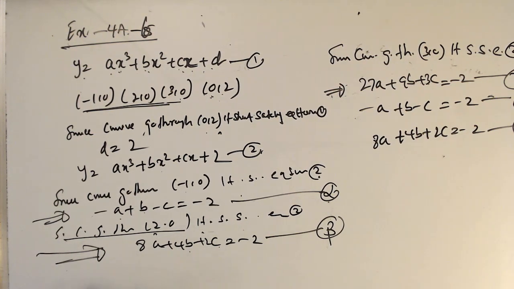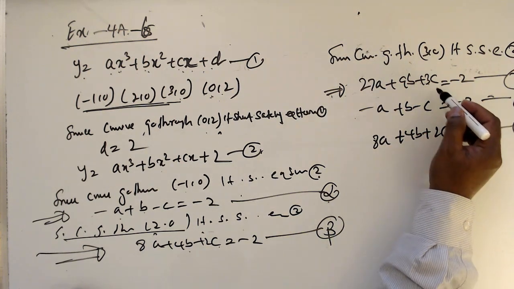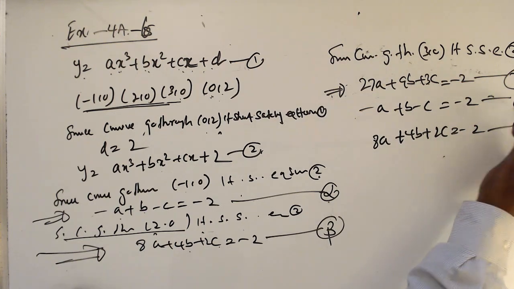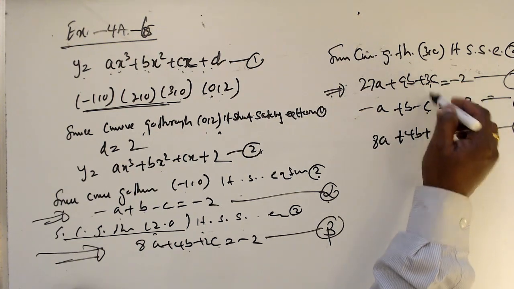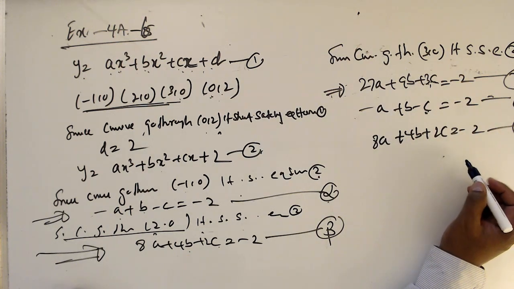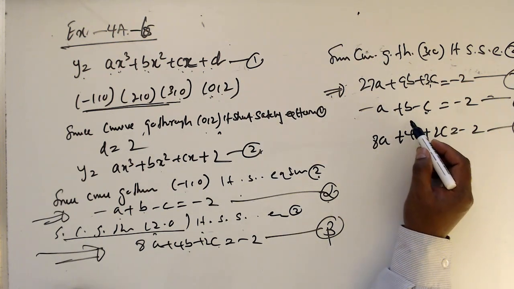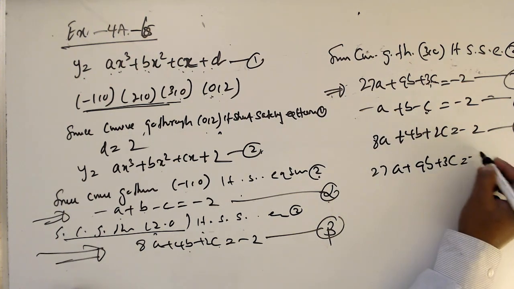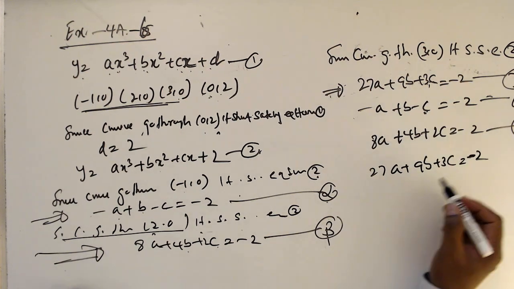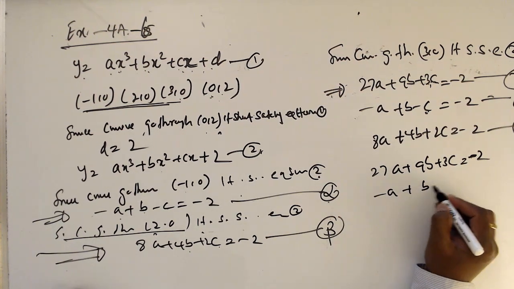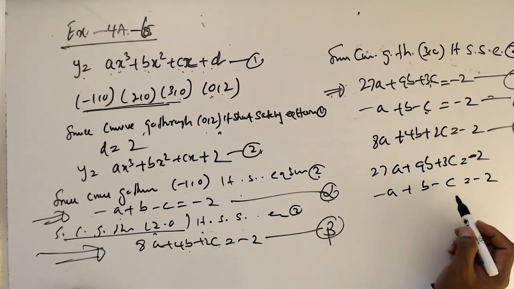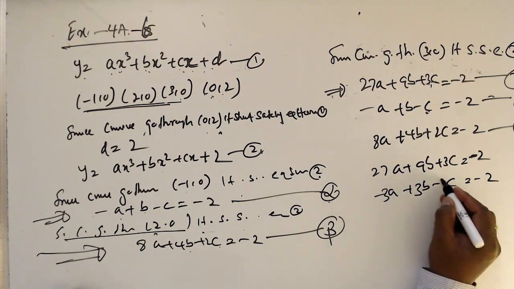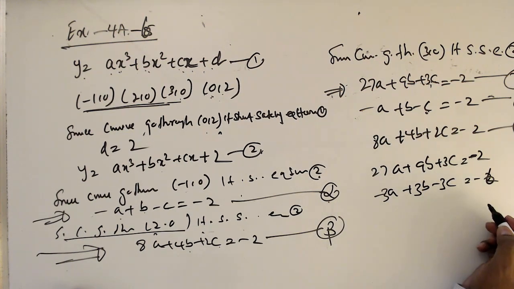So I'm not going to solve this one, I'll give guidance. From alpha and gamma, you can simply eliminate C. Okay, 27A plus 9B plus 3C equals minus 2, this is gamma. This is minus A plus B minus C equals minus 2. I'll multiply everything by 3: minus 3A plus 3B minus 3C equals minus 6.